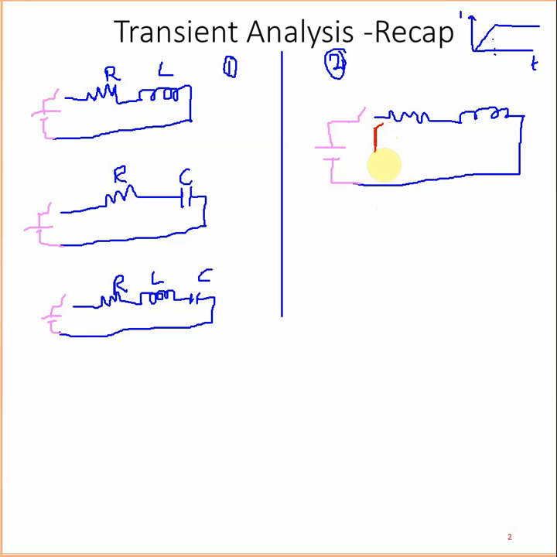So this is the circuit diagram. Here is one switch, and I will write R and L. How many switches are there? Two switches. You can name them A or 1, and B. So this is model number two.